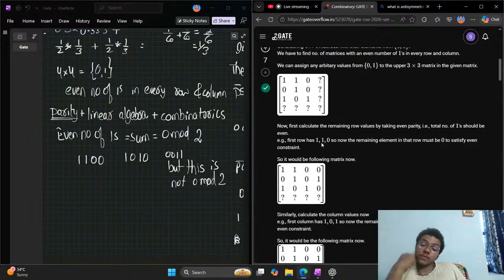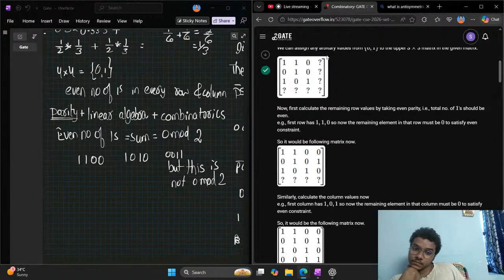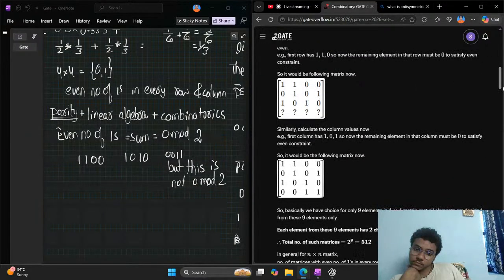First row 1110, now one has remained. Similarly, calculate the column values now. First column 101, now the remaining element in the column must be 0 to satisfy the constraint. Okay, okay.